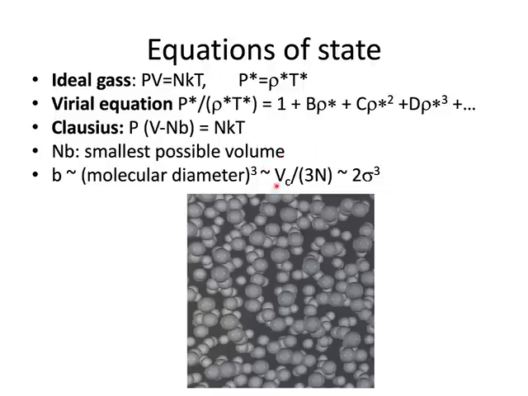This can also be expressed in terms of the critical volume of a substance, and so this B parameter is the critical volume divided by 3 times the number of molecules.